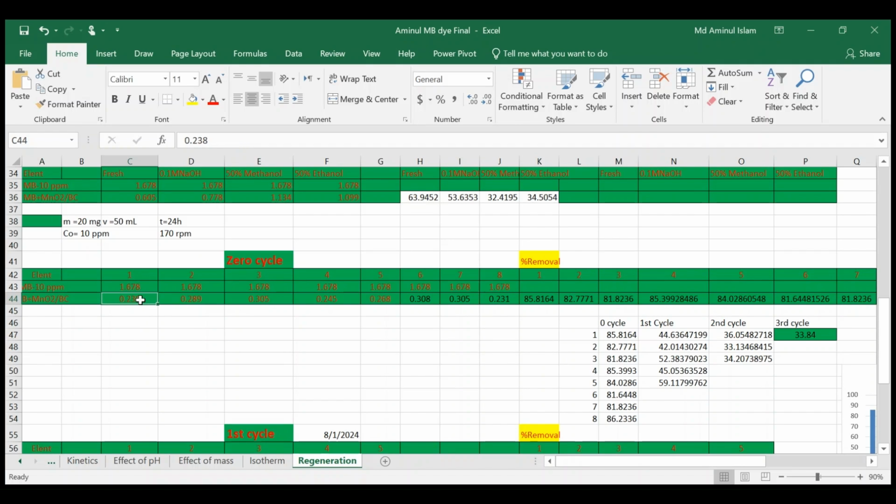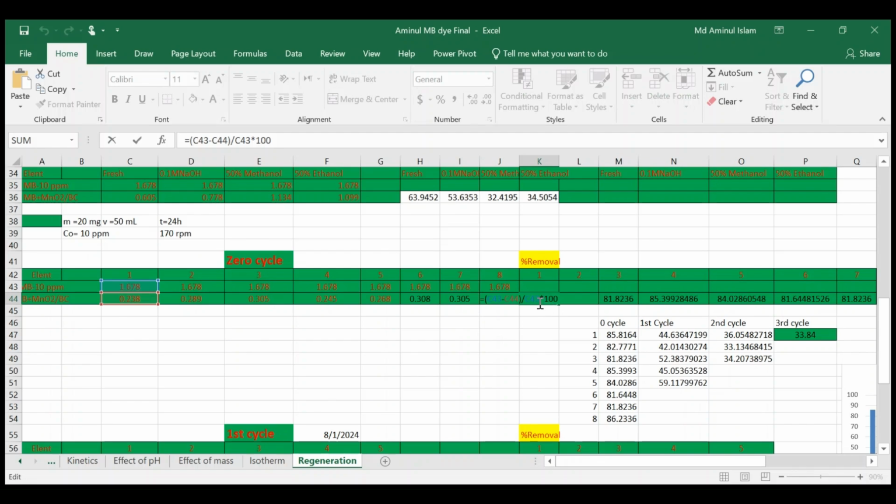For example, sample 1 is this, sample 2 is this, sample 3 is this, and up to sample 8. Then you need to calculate percent removal, which is equal to C43, the absorbance of 10 ppm, minus C44, the absorbance of sample, divided by C43, the absorbance of standard, into 100.